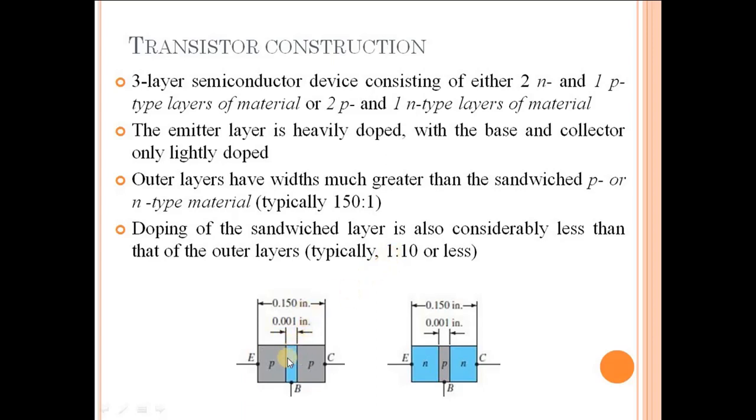So you can say that the doping of the base layer is very much less as compared to the emitter layer and collector layer. Irrespective of whether it is a PNP or NPN BJT, the base layer is least doped. This is a typical ratio, 1 part out of 10. So if 10 is the total doping of the whole material, then the base is only one part doped.